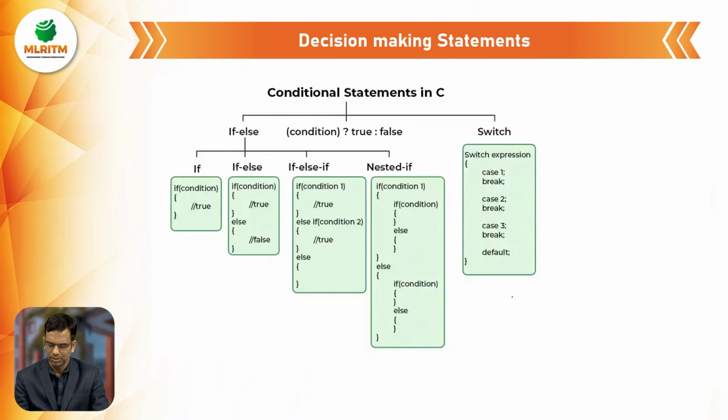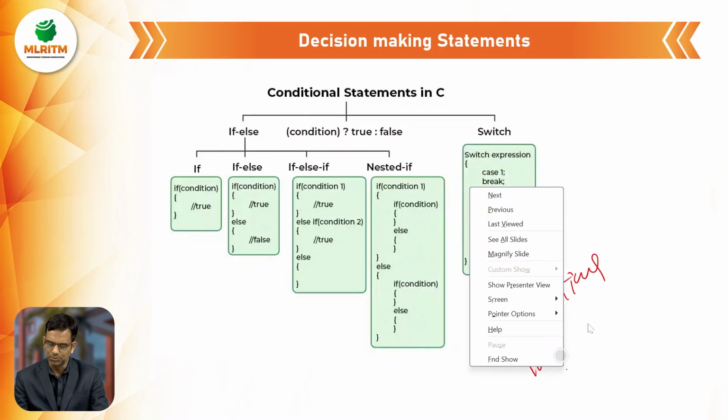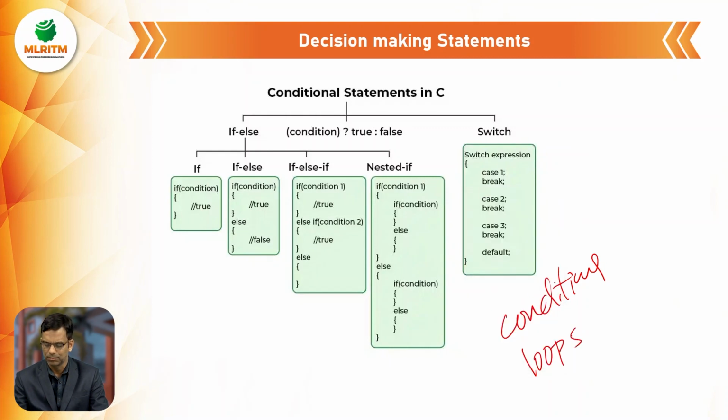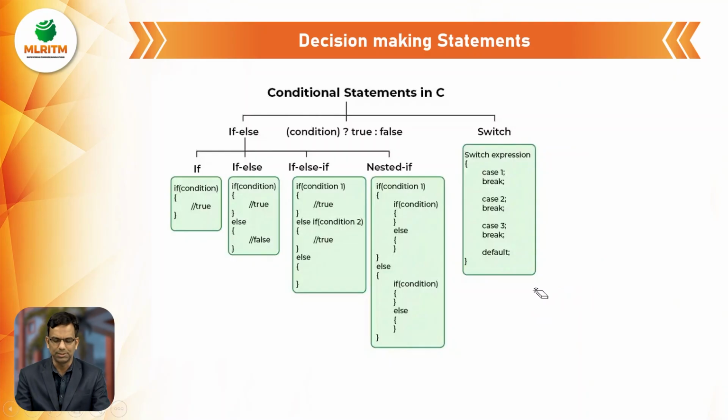Like we have if and if else, similarly we have loop structures. The loop structures may be while loop, do while loop, for loop. In this session, I am giving you only conditional statements. In upcoming sessions, we are going to discuss loop structures also.